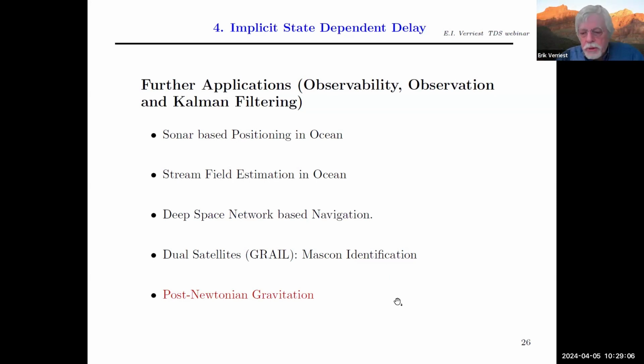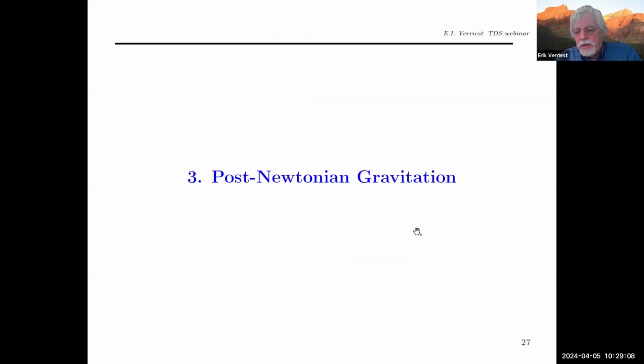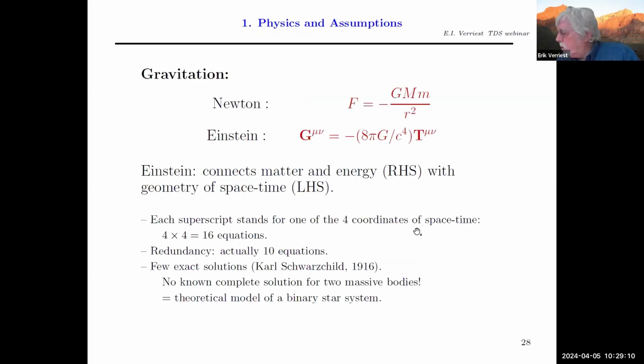And of course, what I will talk about now is the second part of my talk, post-Newtonian gravitation. So let's do a little bit of physics here. Let's recall that everyone knows Newton's law. Force of gravitation is inversely proportional to r squared. And of course, that has been improved by Einstein in this complicated looking thing here. G and T are tensors.